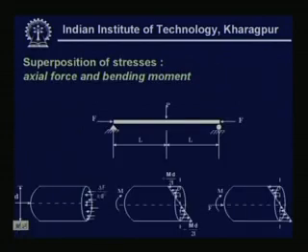Now, here is also an example where we are seeing that an axial force and bending moment are acting onto a beam. This load P is creating a bending moment, and this force is the axial force. Similar to what we have seen for the strain, there will be a uniform stress of delta F by pi d squared, and what will be the bending stress?